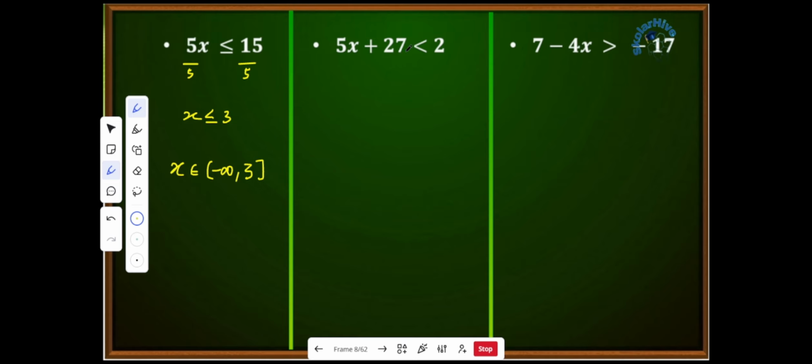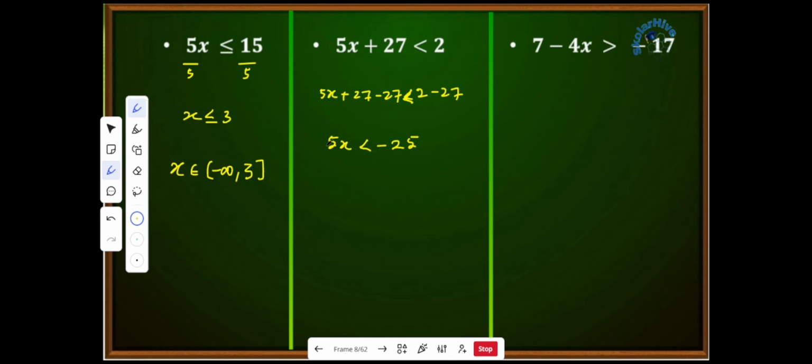If we want to omit this, we need to subtract 27 here as well as here. So we get 5x plus 27 minus 27, and 2 minus 27. I have subtracted 27 from both sides, so the inequality sign will not change. Plus 27 minus 27 cancels, so we are left with 5x on the left, and on the right side we are left with minus 25.